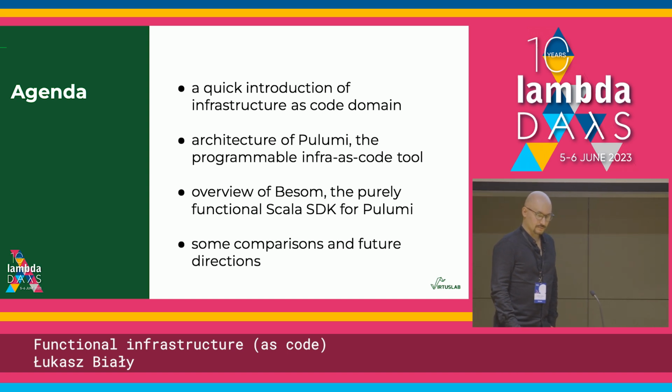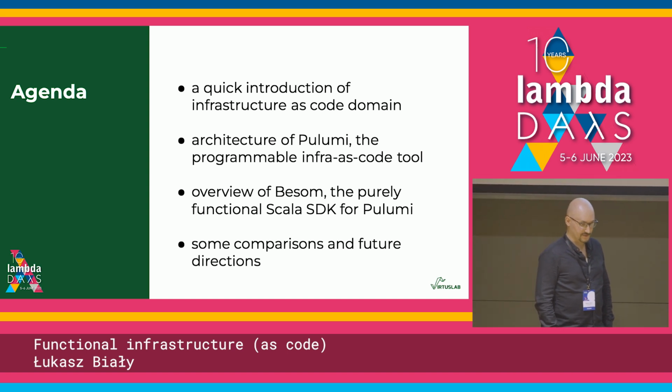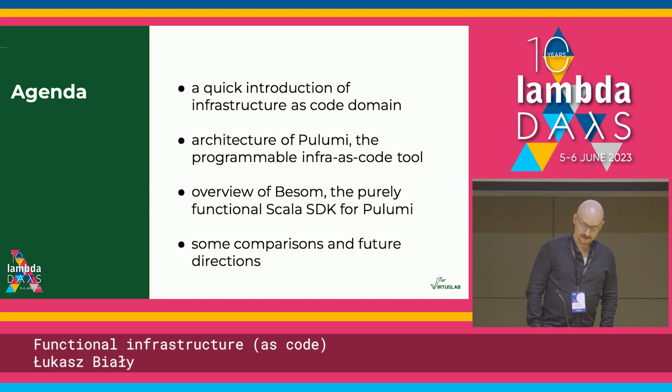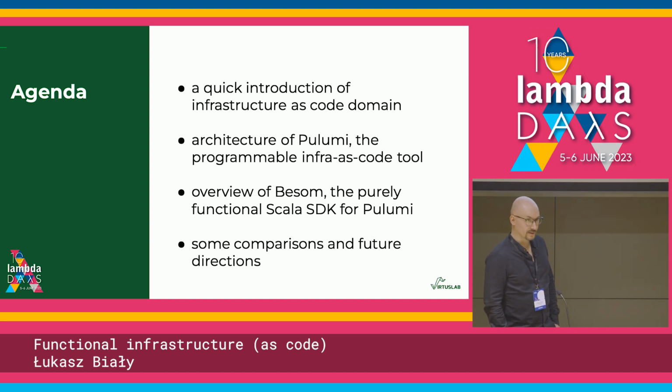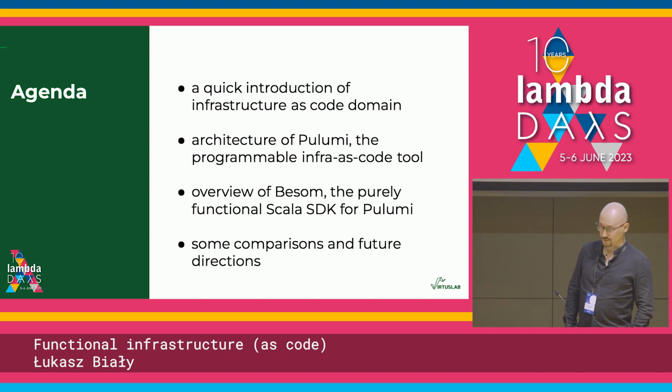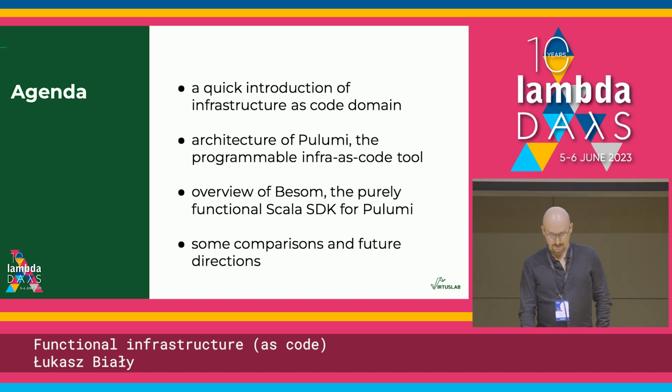Then we are going to do some deep dives into Bison, which is the purely functional Scala SDK for Pulumi that we have been developing at VirtusLab for the last almost year. And we're going to finish up with some comparisons between existing Pulumi SDKs and some notes about future directions for the project, where we want to go and where we want to take it in the future.